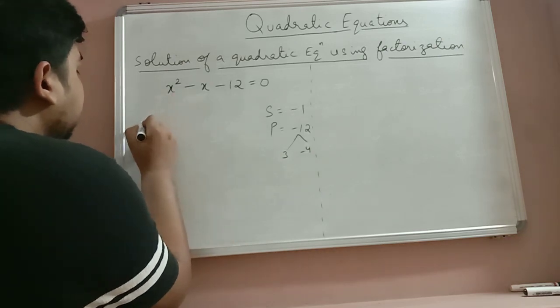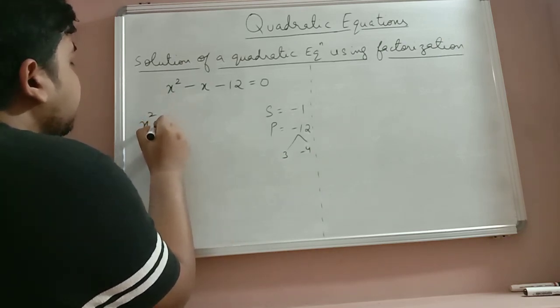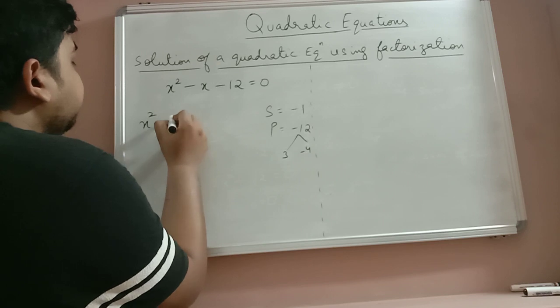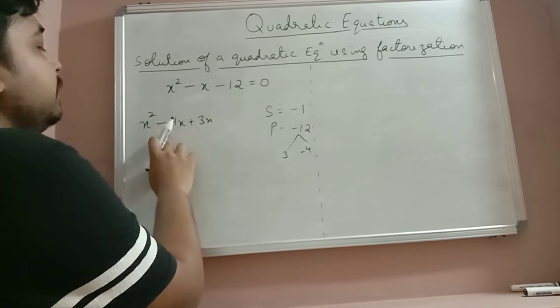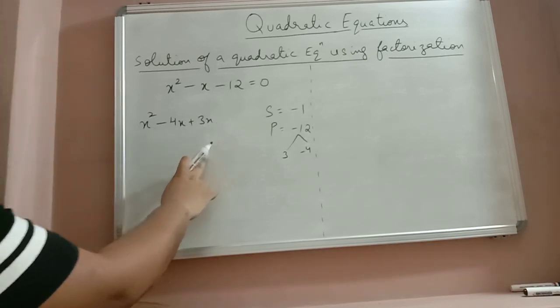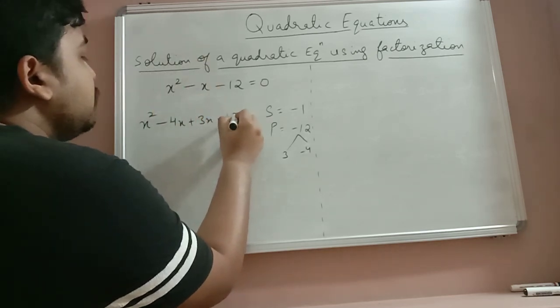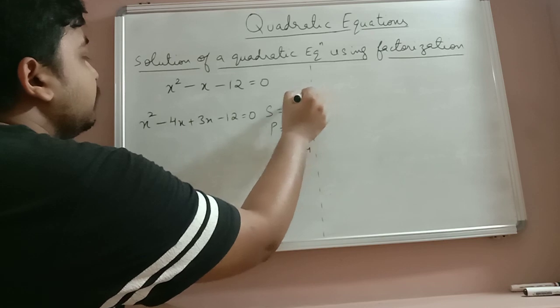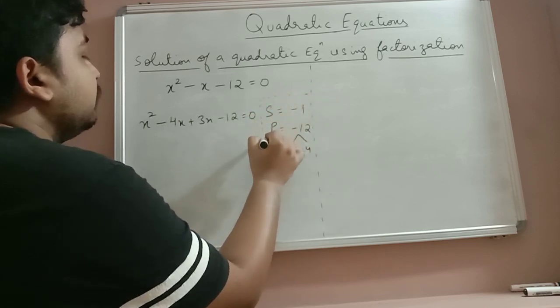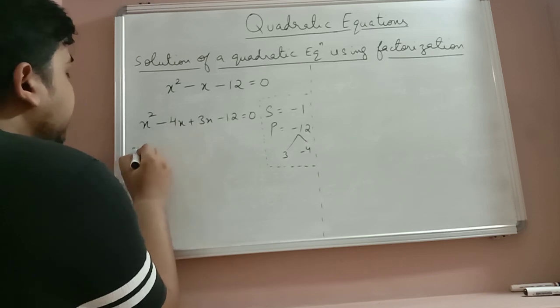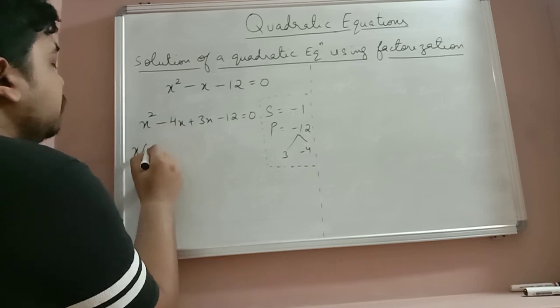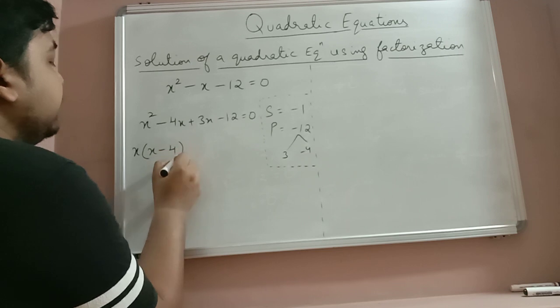Let's do that. This becomes x square minus 4x plus 3x minus 12 equals to 0. Instead of minus x, we have written minus 4x plus 3x. Now, in the first two terms, I can take x common, so I'll get x minus 4 inside the bracket.